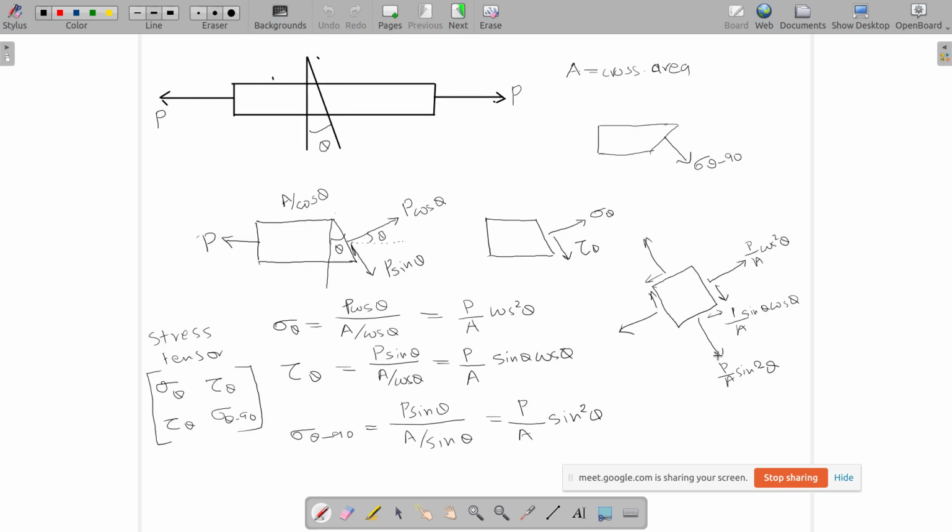And what will be tau max? What will be the maximum value of shear stress? It is P by A sin theta cos theta, right?